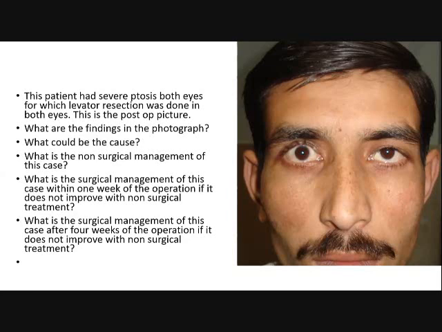When the amount of ptosis is equal and the levator resection has been done equally in both eyes, the only difference remains the levator function. Apparently, the levator function was not considered in the plan for the surgery, and the levator function was good in the right eye, and that's why there is an overcorrection.